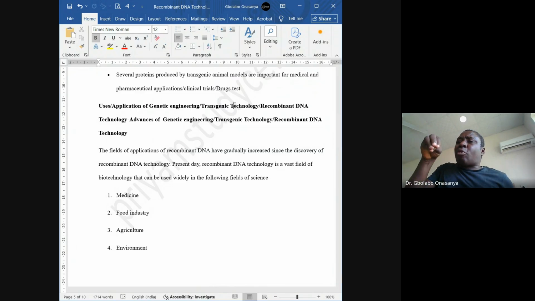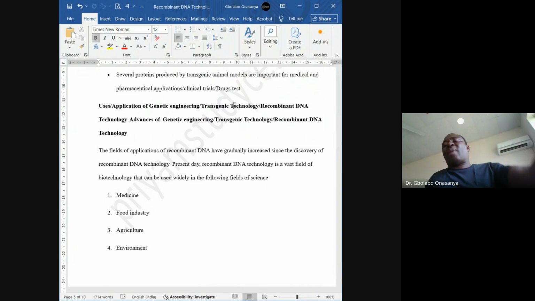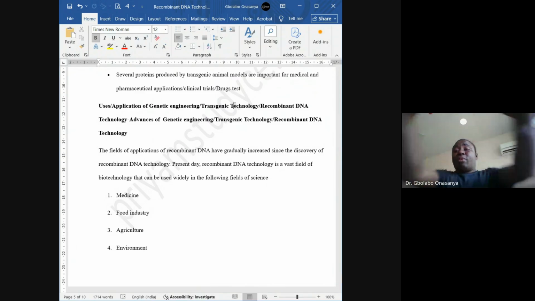The catechol gene confers ability on this bacteria to feed on hydrocarbons. So we can use other non-hydrocarbonoclastic bacteria. We are doing industrial remediation, reclamation of our land from impact from the oil spillage.